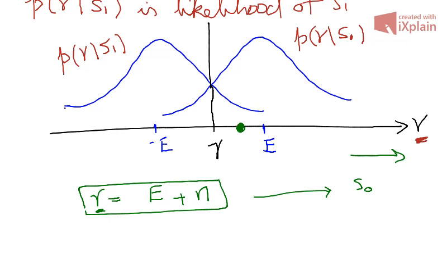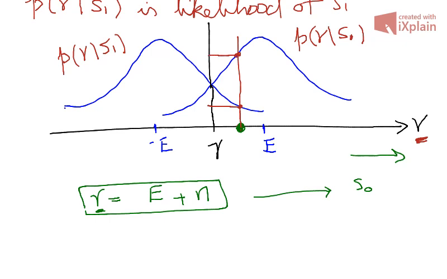Now you can clearly see that if we project it onto the vertical axis, let me draw the vertical line from this point, this vertical line intersects both the PDFs, both the likelihood functions.